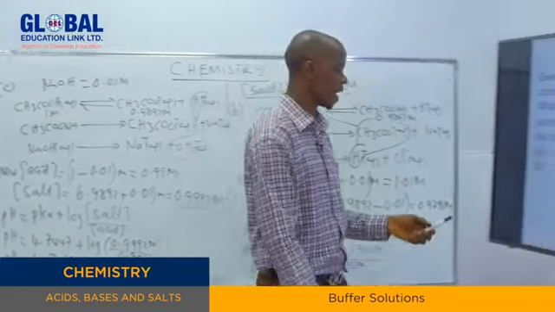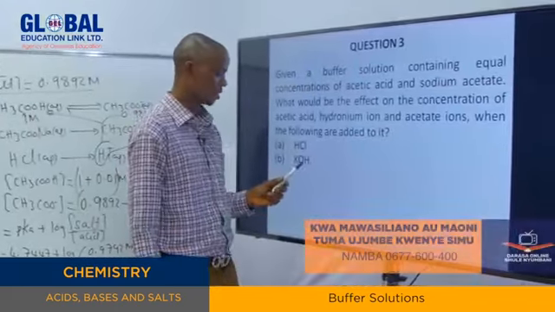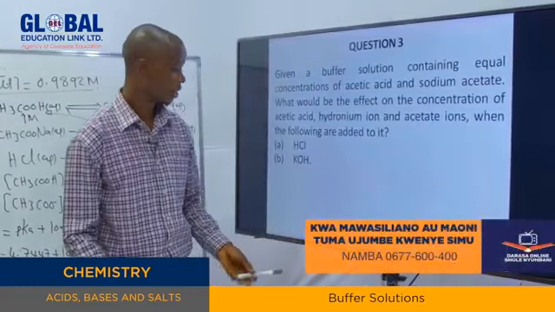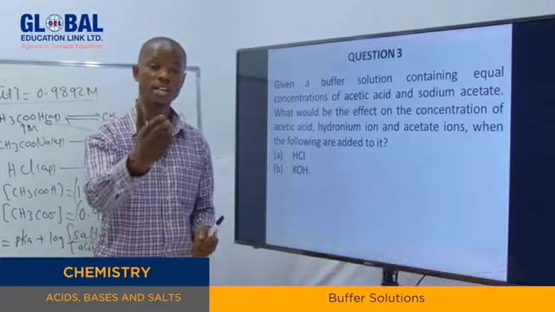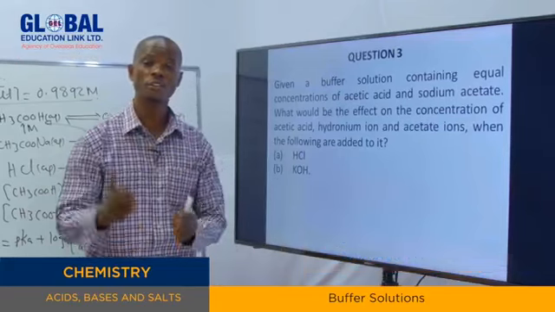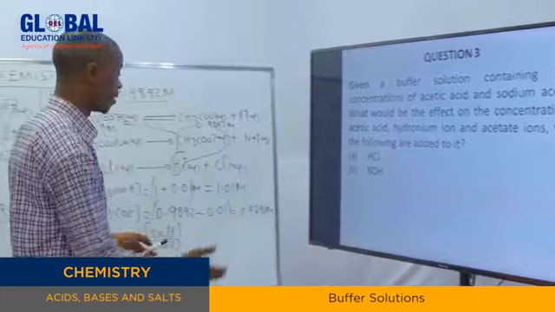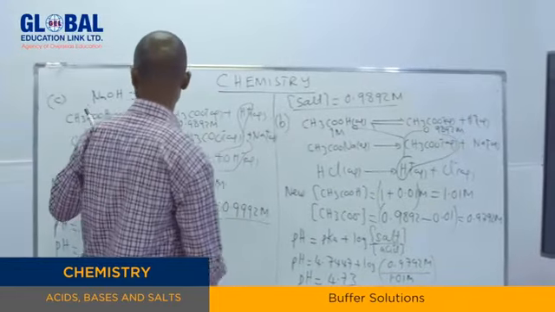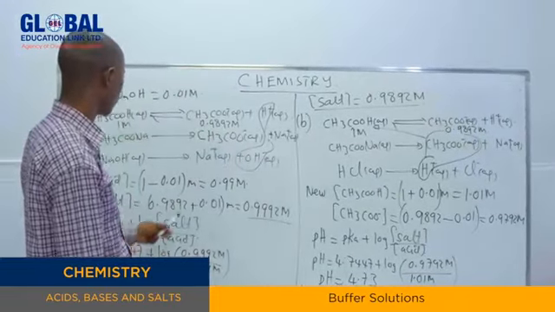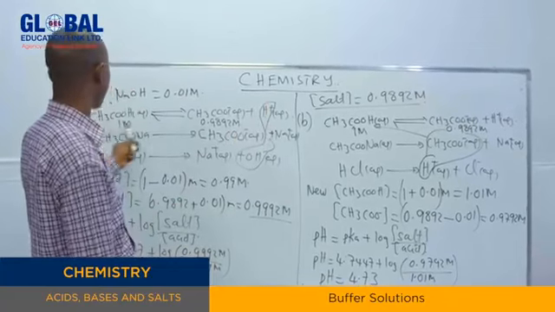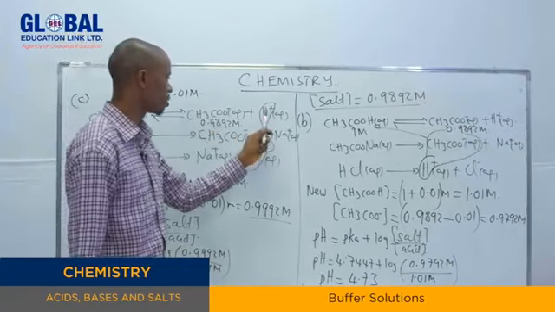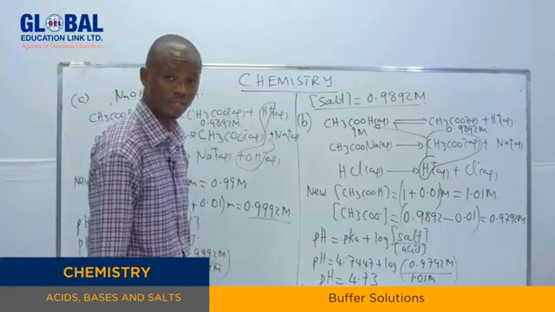Also when you add potassium hydroxide, the same thing happens. It gives hydroxide ion. This hydroxide ion will combine with the hydrogen ion, forming water. That means after combining, the acetic acid will ionize more to produce the hydrogen ion to compensate for its loss.